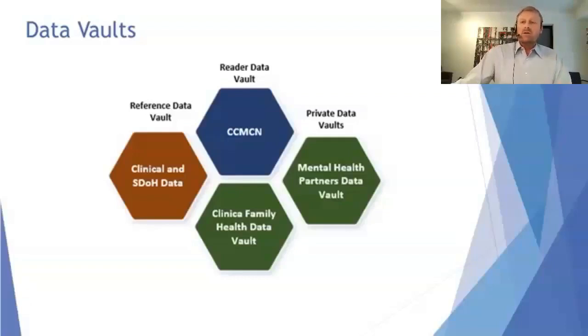I want to show you kind of the current state of what the data vaults look like across Colorado. What this is essentially, we like to call it the honeycomb because essentially it's a data vault for each organization. Green data vault is each one of the organizations. Each one of the red data vaults are the reference data that we can make available to organizations.